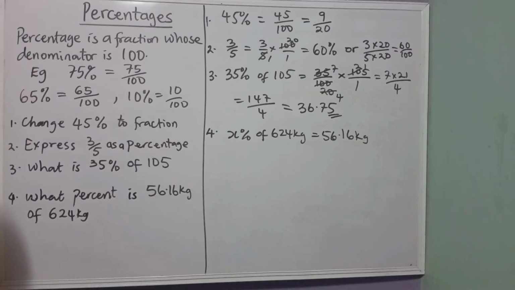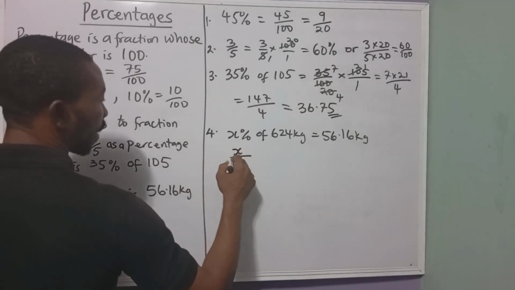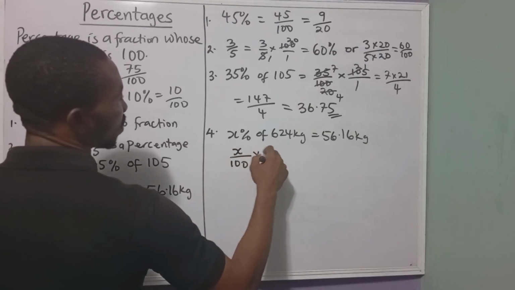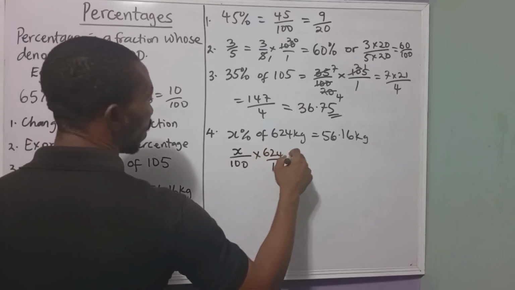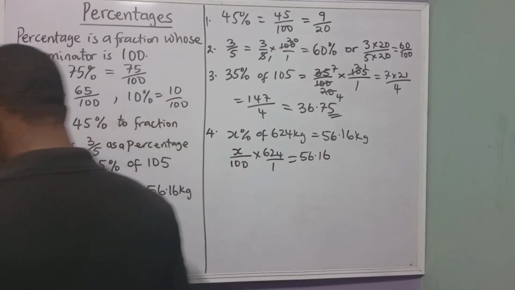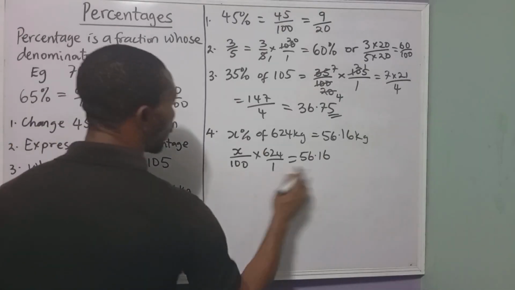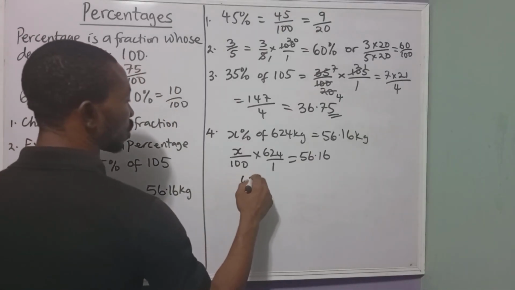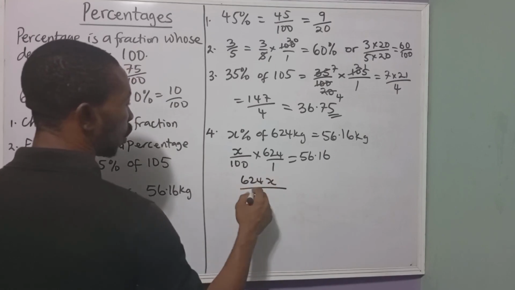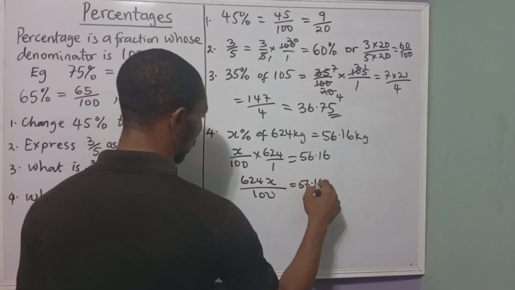In order to solve this, since this is X percent, this becomes X over 100 times 624 over 1 equals 56.16. Opening this up, we have 624x all over 100 equals 56.16.